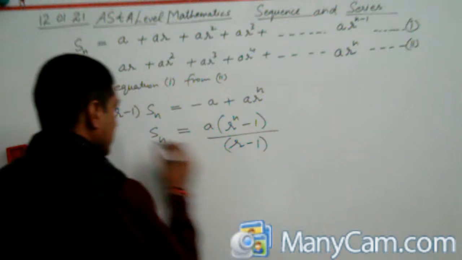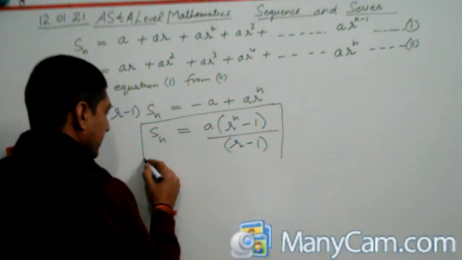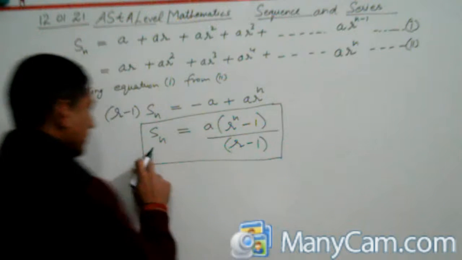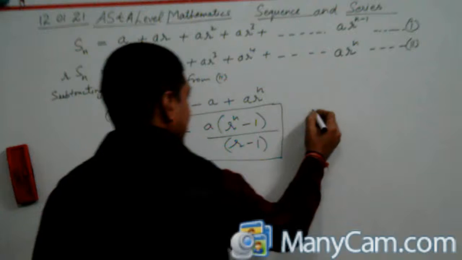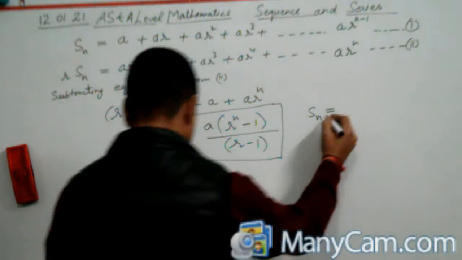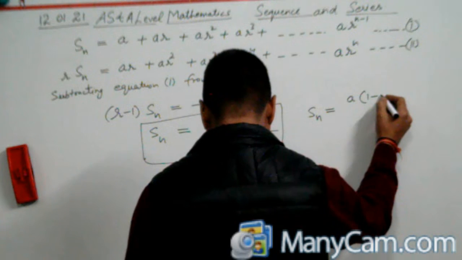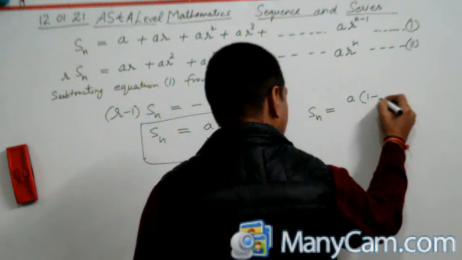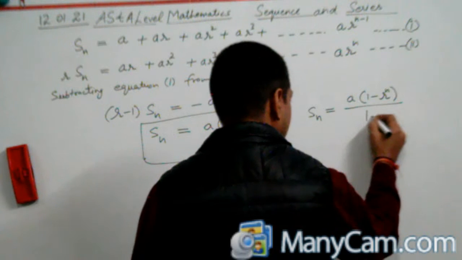So this is the formula for the sum of the n terms of the GP. This can also be written as Sn is equal to a into 1 minus r raised to power n upon 1 minus r.